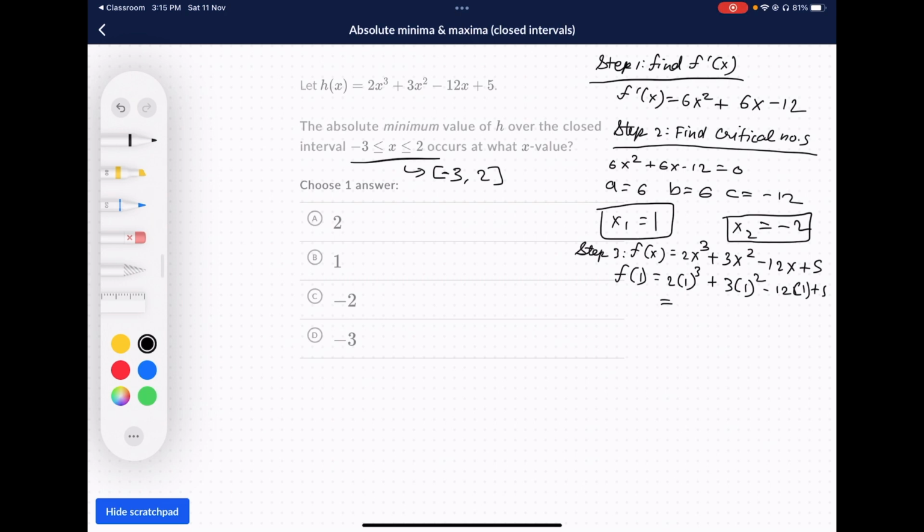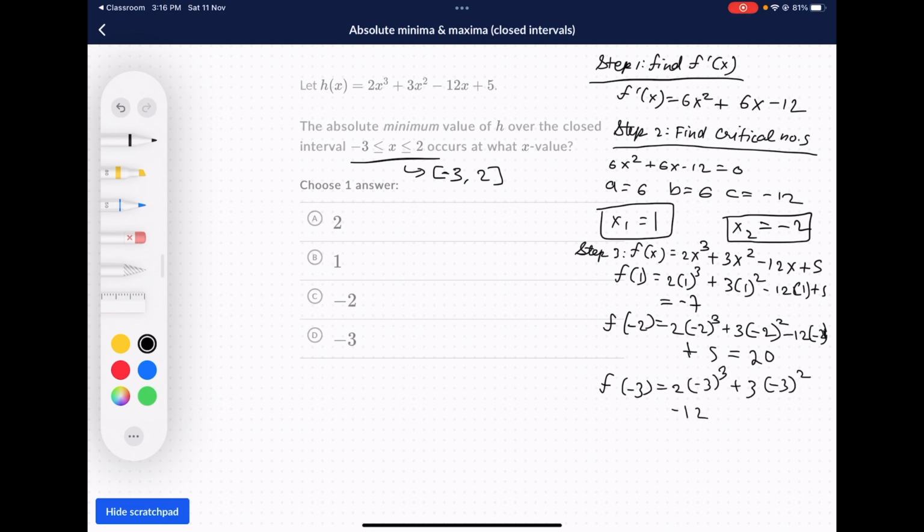F of 1 is equal to negative 7. F of negative 2 is equal to positive 20. F of negative 3 is equal to... oh, this is not 20, this is 25, and this is negative 2.